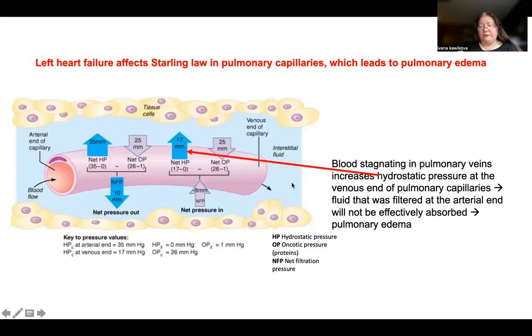So now the important aspect of that is that the blood here would be the direction of pulmonary vein. So if the blood is stagnating here, then the hydrostatic pressure at the venous end of pulmonary capillaries is increasing.